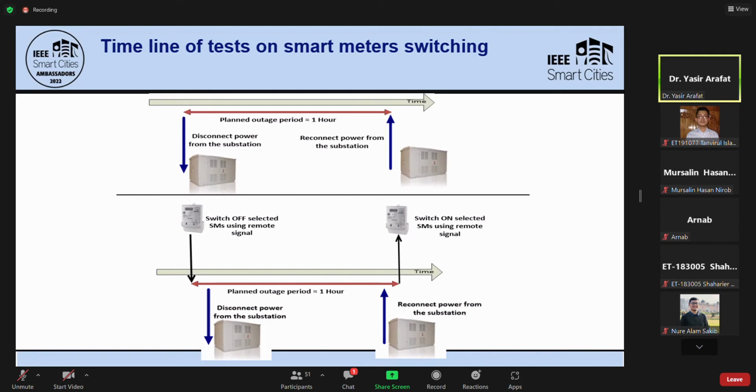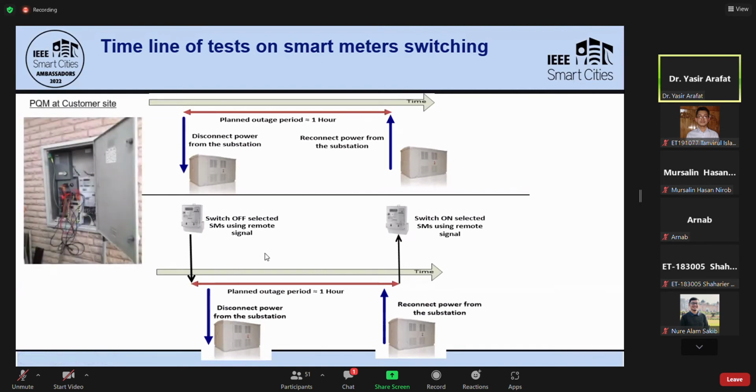So we used some power quality meters to monitor the power quality disturbance during the disconnection of the meters and also during reconnection of the meters. A power quality meter is shown.